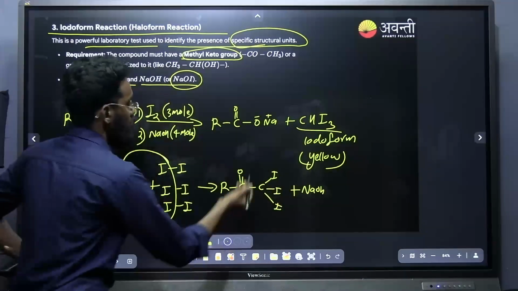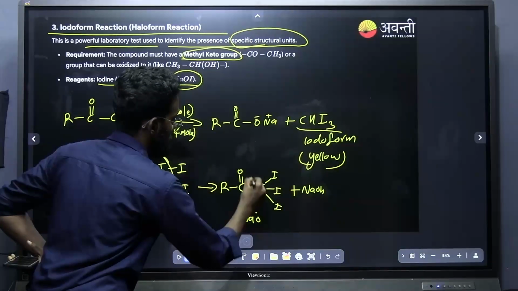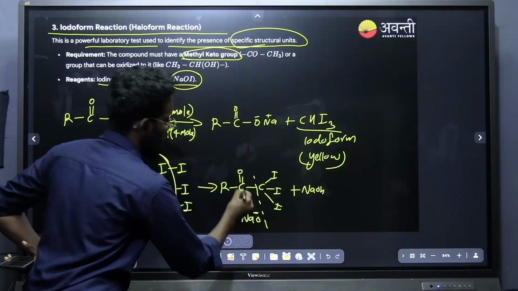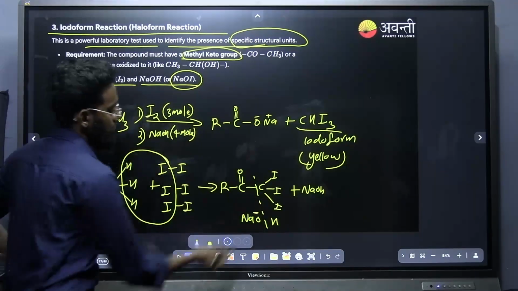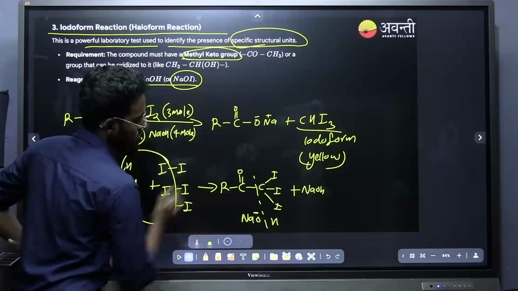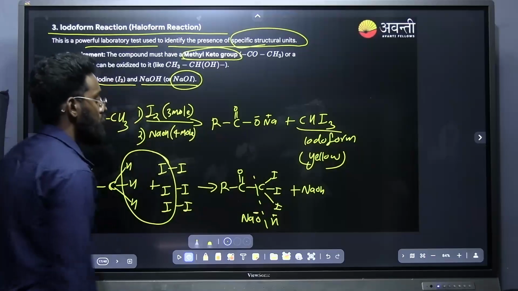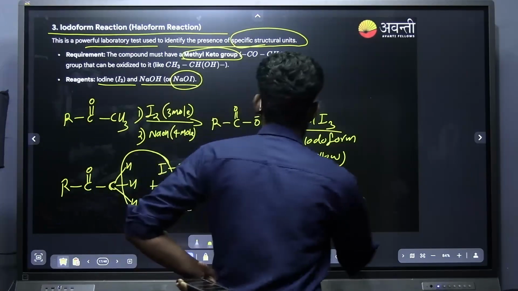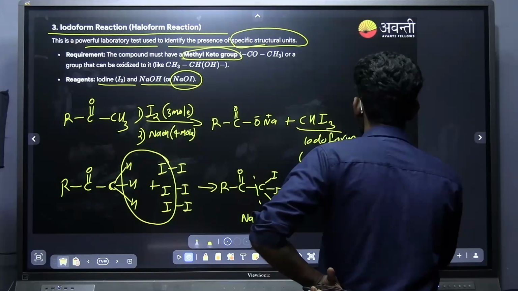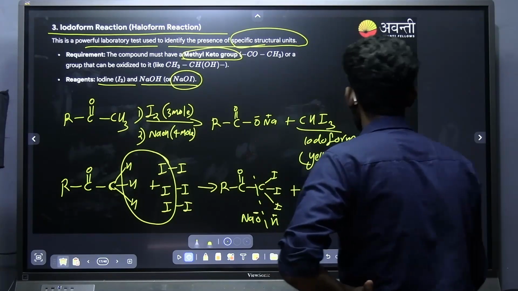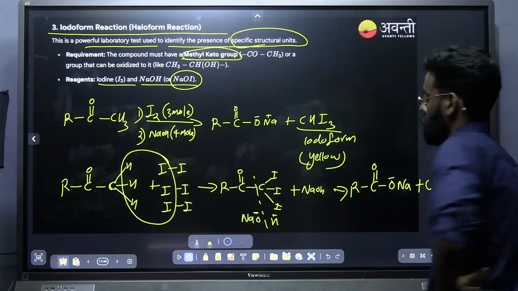In NaOH, the NaO part will go to the carbonyl carbon, and the hydrogen will go to the CI3 part, resulting in the formation of R C double bond O ONa plus CHI3, that is iodoform.